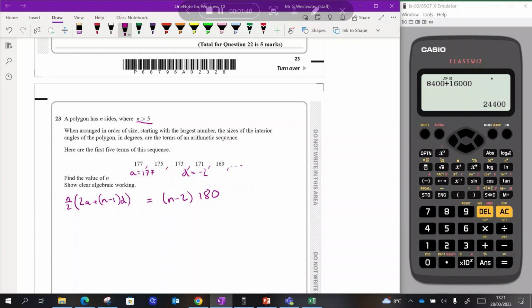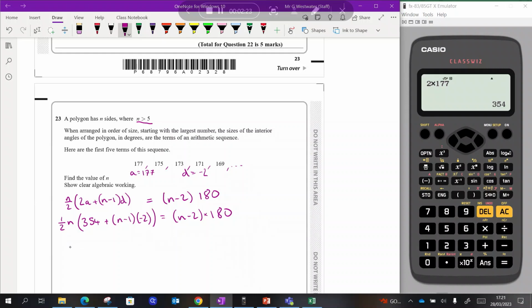Okay, so let's put in the information where we can. So a is 177, so 2 times 177 is 354. And n minus 1 d is going to be n minus 1 times minus 2. We still have, and I'm going to write it as a half n there, equals n minus 2 times 180. Just recapping, 2 different ways of thinking about the sum of all interior angles. It's going to be the sum of this sequence, and it's n minus 2 times 180. Okay, so let's try and neaten this up where I can.